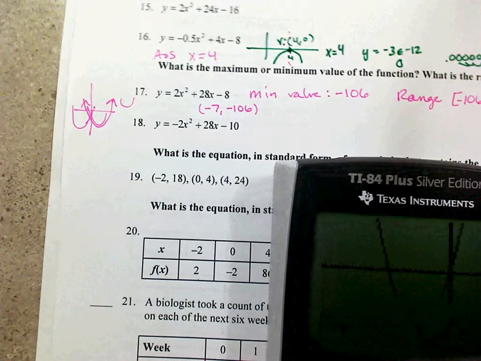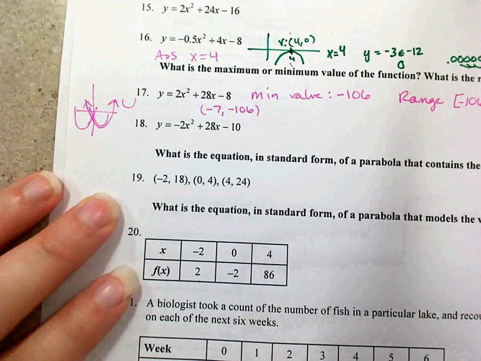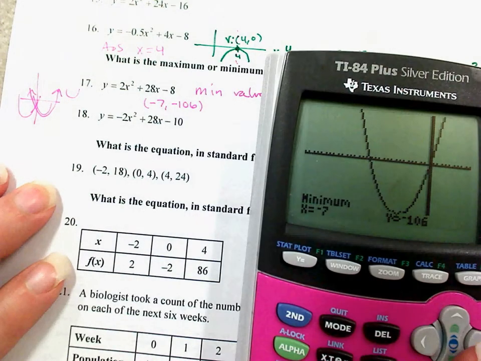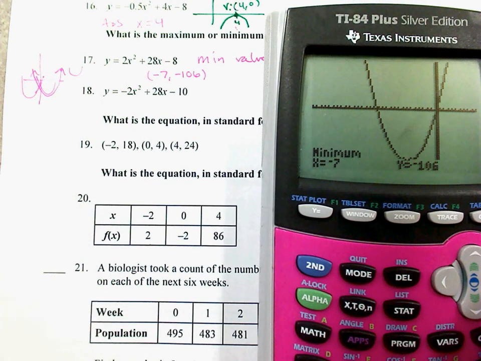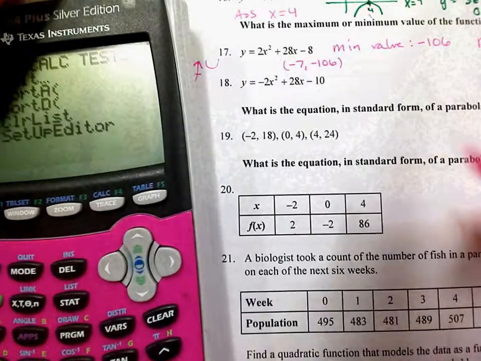19? I've got data, right? What do I need to do with that data? Okay, I need to put it into my calculator. Where? Okay, go to stat. So first I go to stat, and then I go to what?